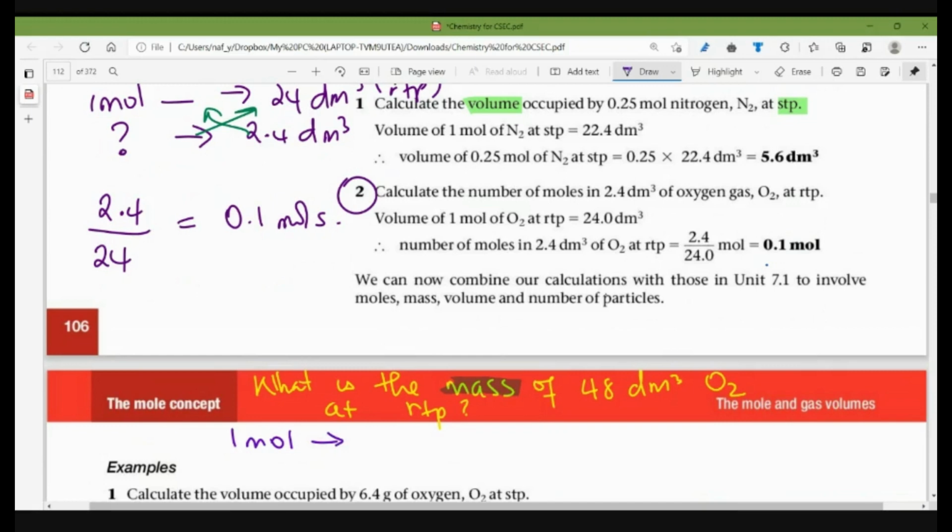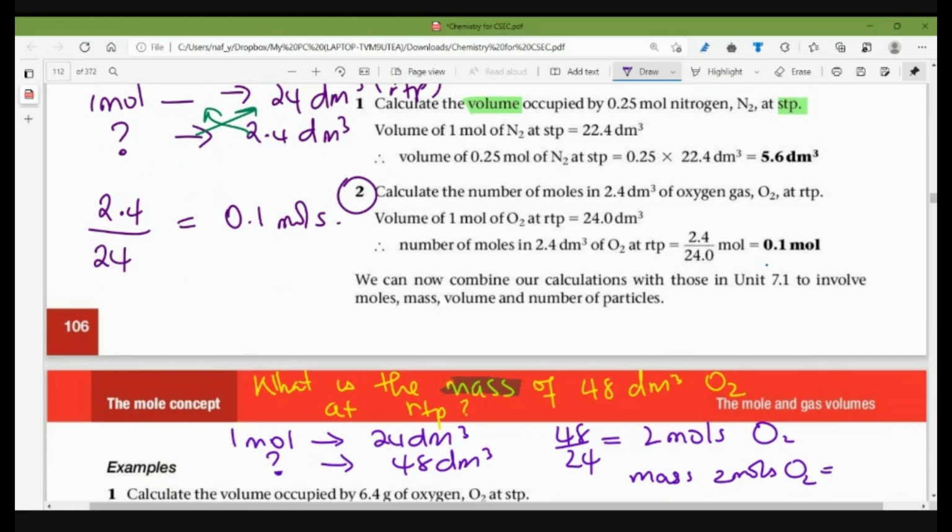1 mole occupies 24 dm cube because it is RTP. And so we need to find out what mole occupies 48 dm cube. Now they're asking what's the mass that occupies. So if I have 2 moles of the oxygen gas, what would be the mass of 2 moles? All right, so hold on now. Remember that oxygen has an RAM of 16.